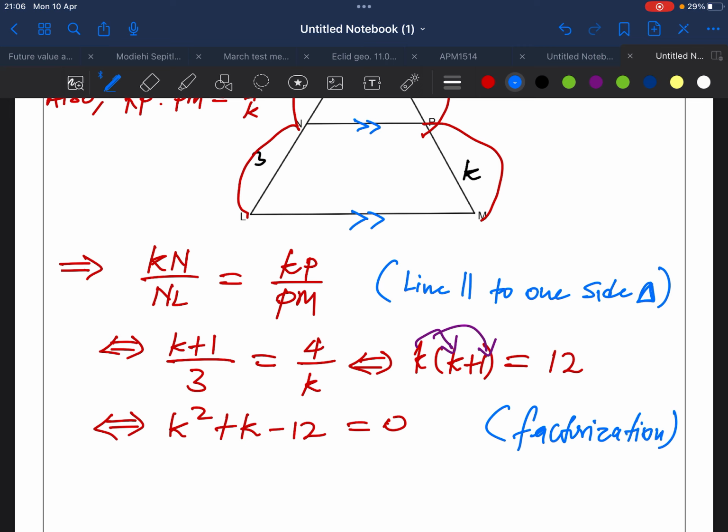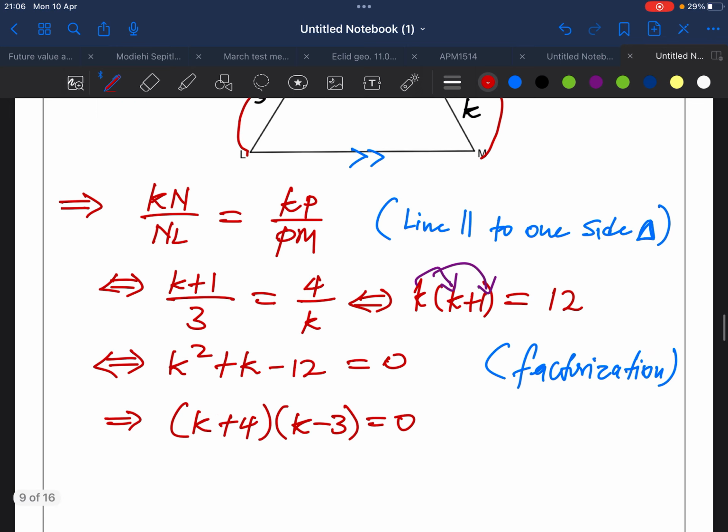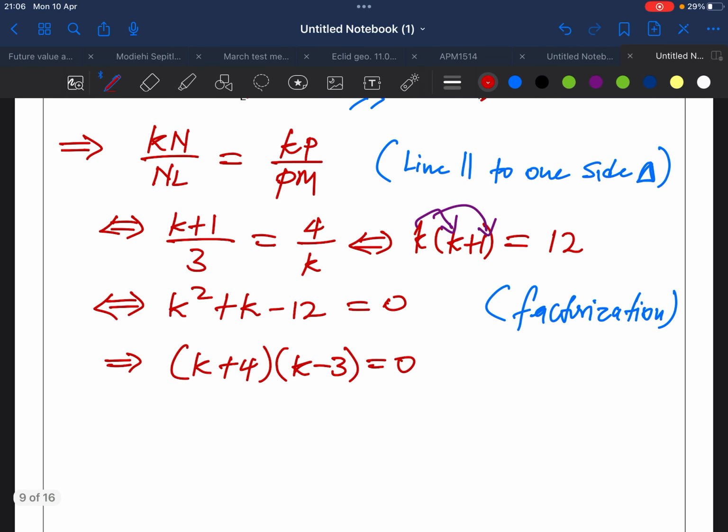So now this implies that K plus 4 and K minus 3 equivalent to 0. Proceeding with this, we will have K equivalent to minus 4 or K equivalent to 3.